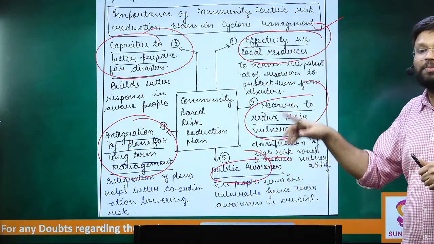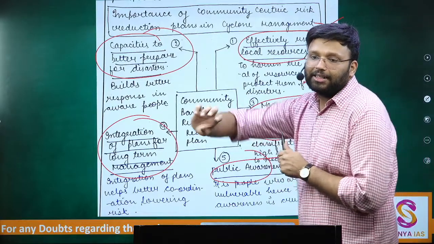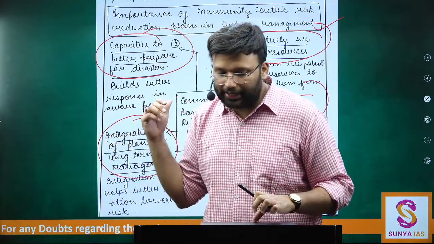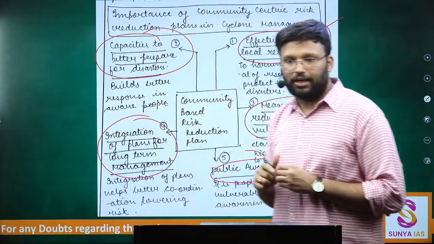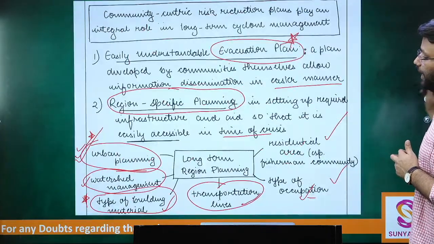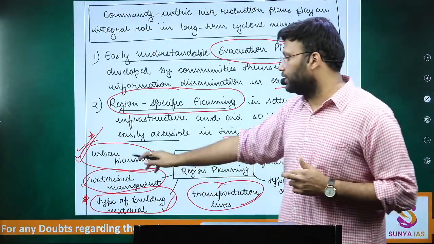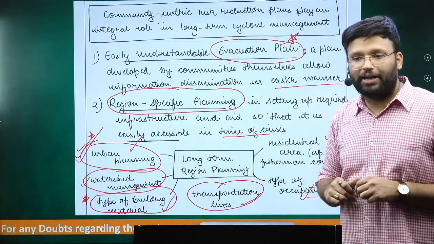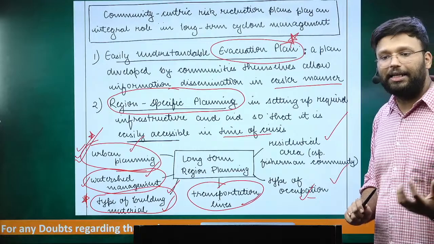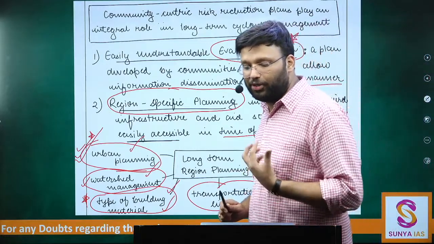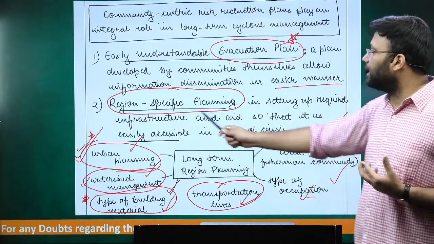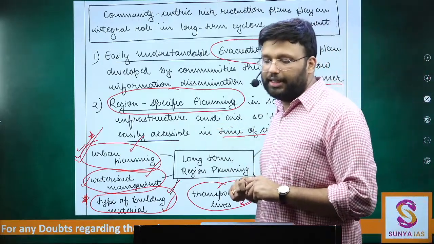One thing that is missing in this format is certain kinds of practical examples, which were provided in the first answer, right. What were those practical examples? The practical examples are things like how urban planning will become better, how watershed management will be better, what building material will be needed, in which the community can participate, and the transportation lines. So these kinds of simple examples can make your answer really better.